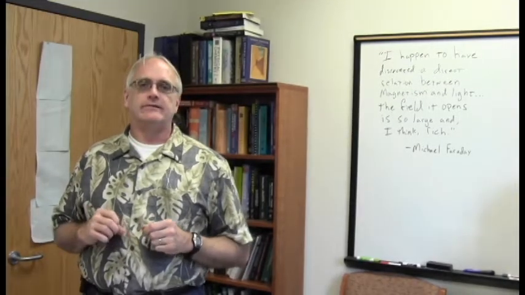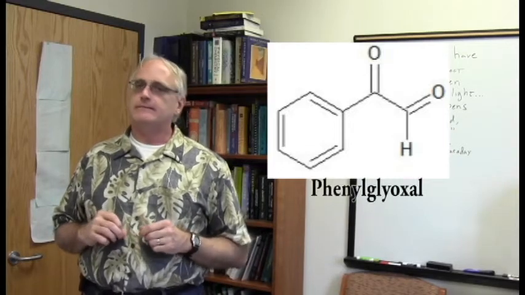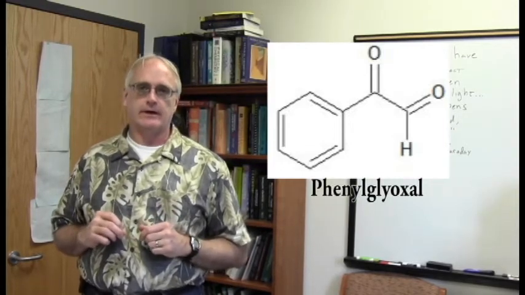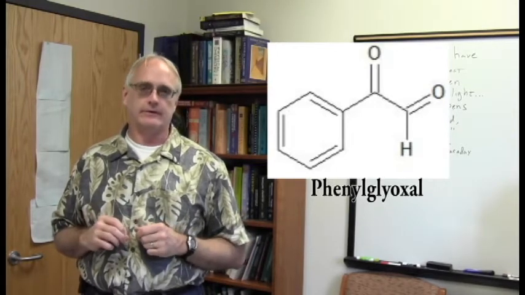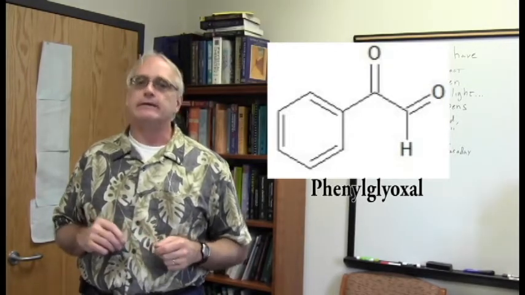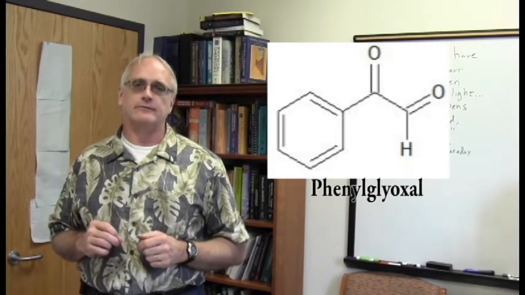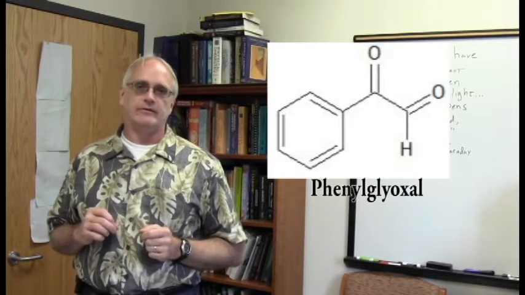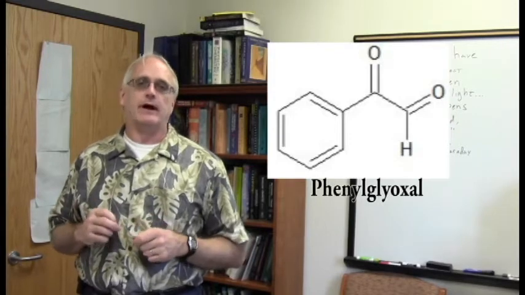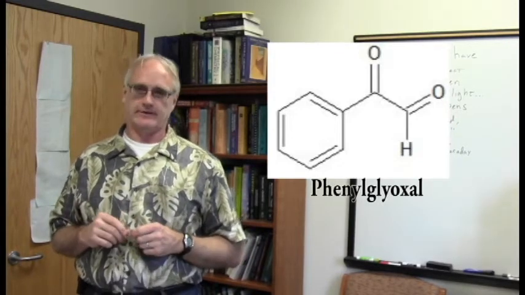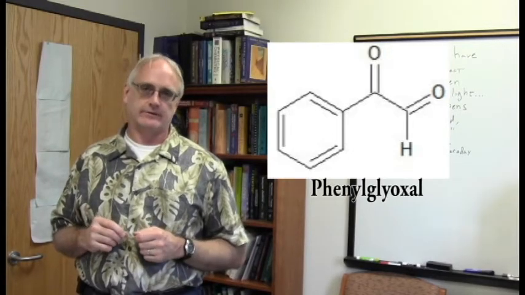He was interested in studying this molecule. It's called phenylglyoxal, and it's not something that he made but purchased for use in studying some reactions of this particular compound. And like a good scientist, he was interested in getting an NMR spectrum of this material first, just to make sure that what was in the bottle was actually what was said to be in the bottle, and that the spectra we would obtain would match the expected structure.